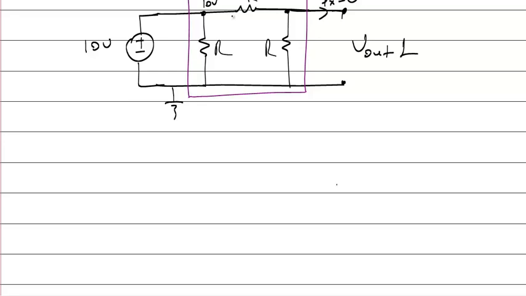So 10 volts will be divided across two same-value resistors, R and R. Vout1 is the voltage of one resistor, while 10 is the voltage of two resistors, so Vout1 is half of the voltage. The midpoint should be half of the voltage, which is equal to 5 volts.